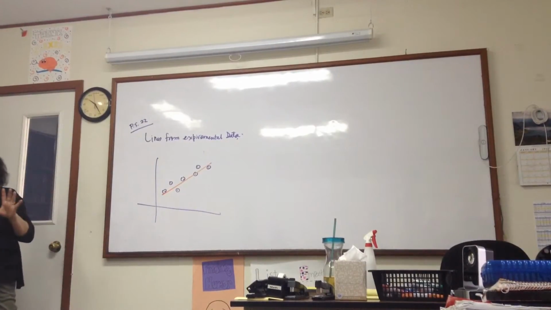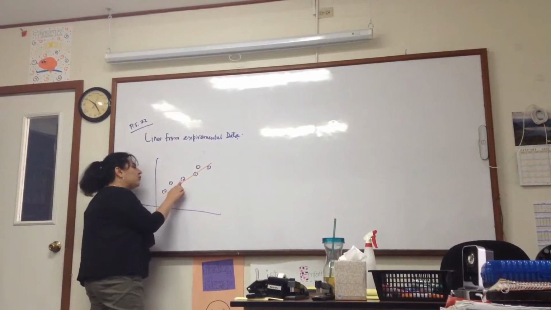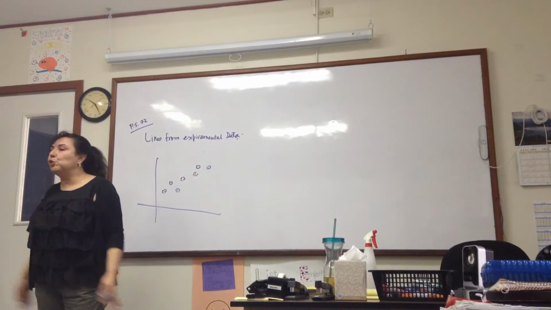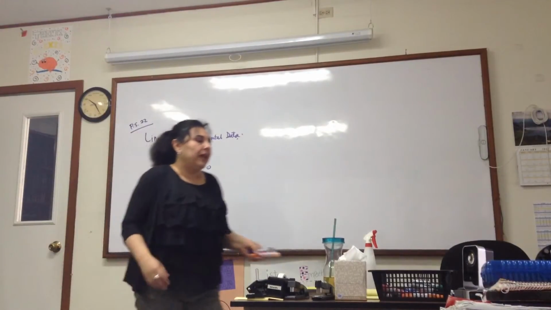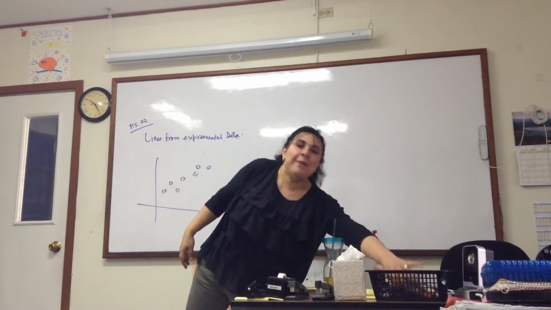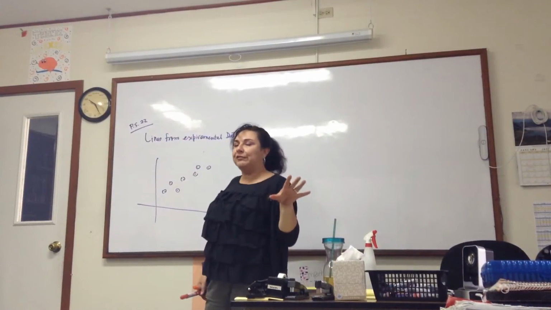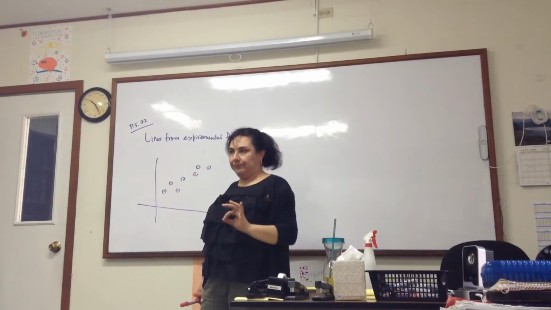The big difference here in this lesson is that they are not going to draw the line for you. Which means you are going to take a ruler and you're going to draw the line. What does that mean? It means some of you, if not all of you, are going to have different lines by just a little bit.